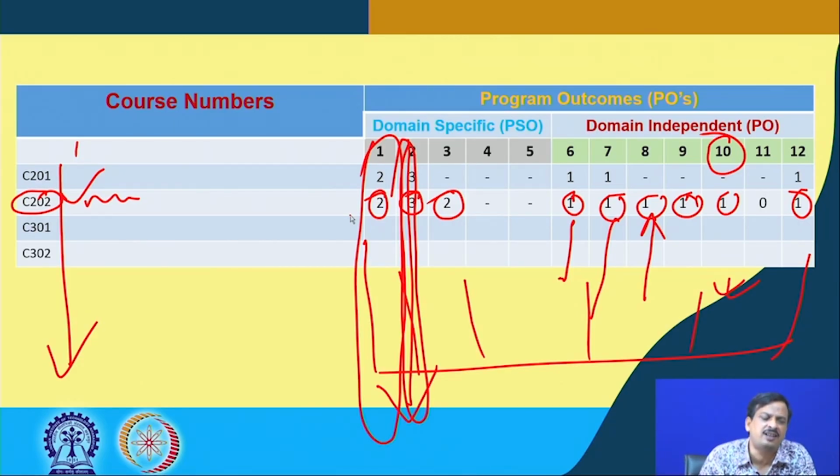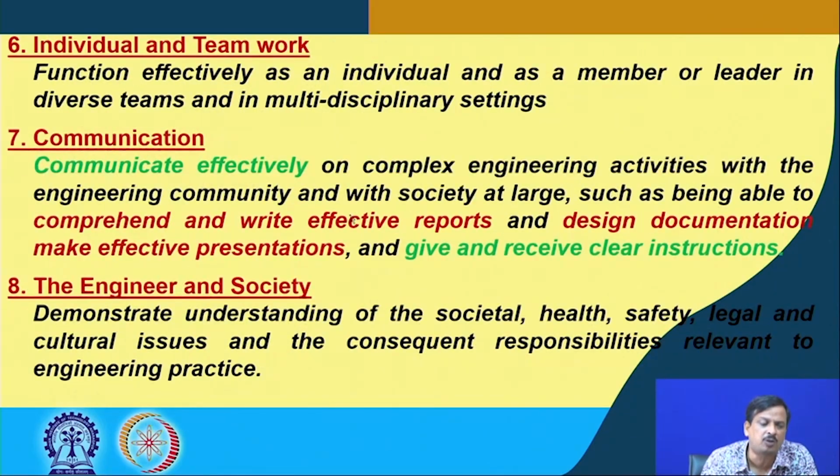Most teachers said, sir, I have written some COs at the knowledge level, because the first PO is knowledge level. But it never said that the first PO is knowledge level.